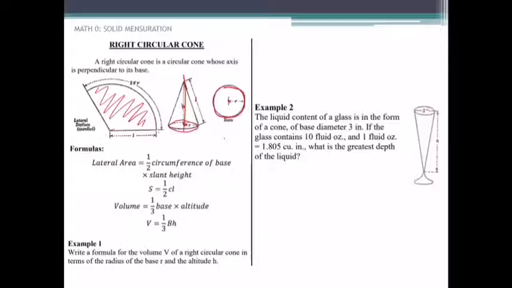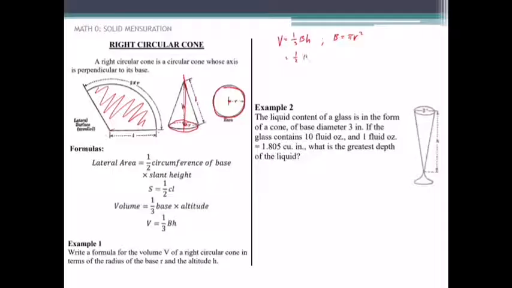Example number 1. Write the formula for the volume of a right circular cone in terms of the radius of the base r and the altitude h. So volume is given to be 1/3 base times height, and our base is a circle, since it is a right circular cone. So the area of the base is pi r squared.